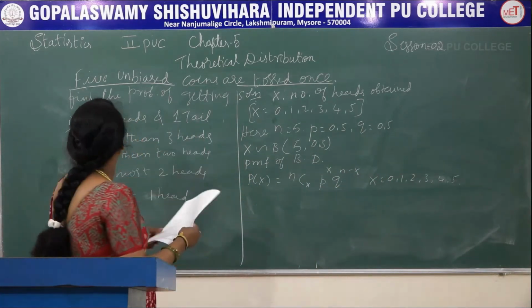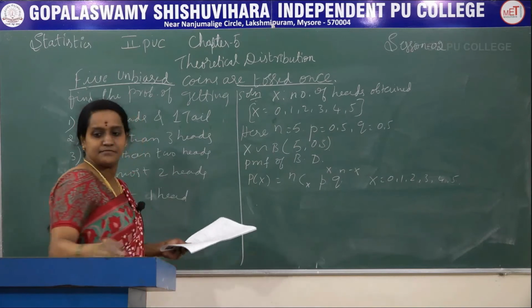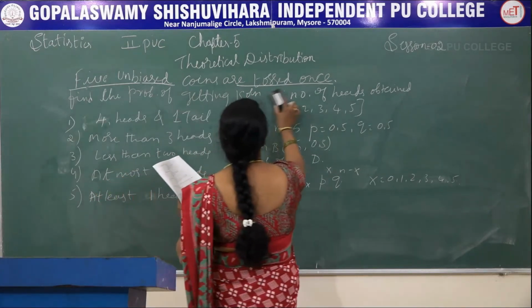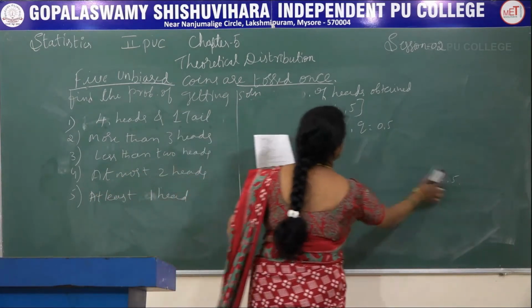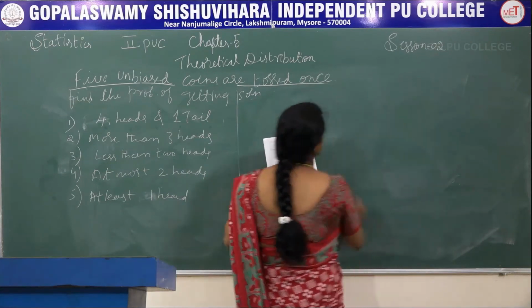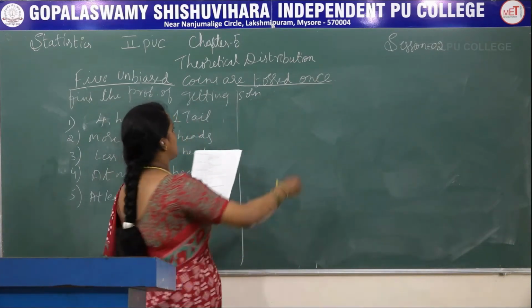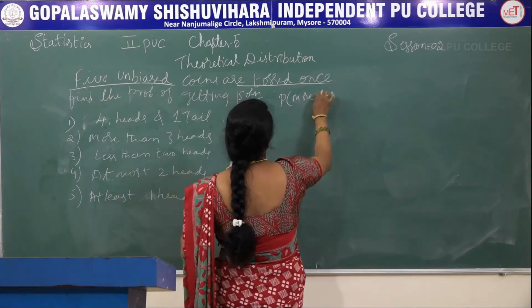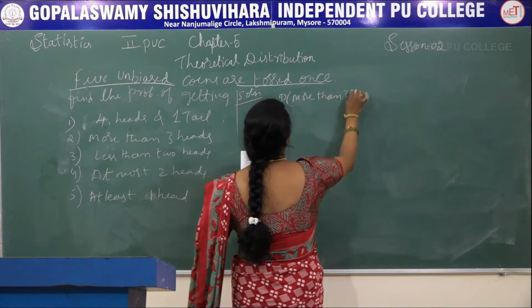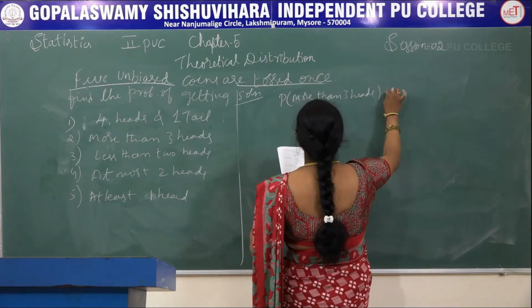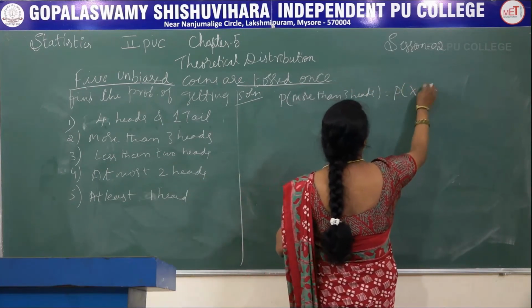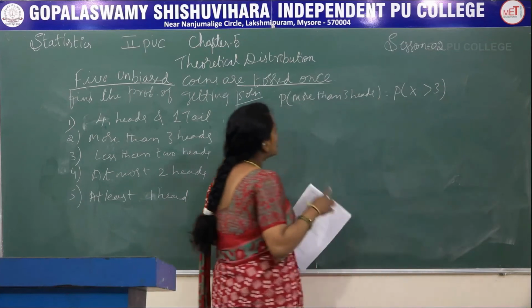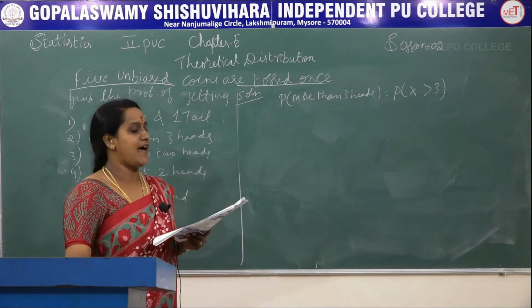Next is more than 3 heads. That is P of x greater than 3. More than 3 means it should be greater than 3.